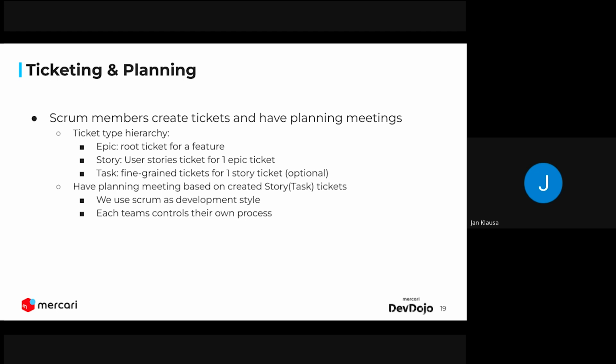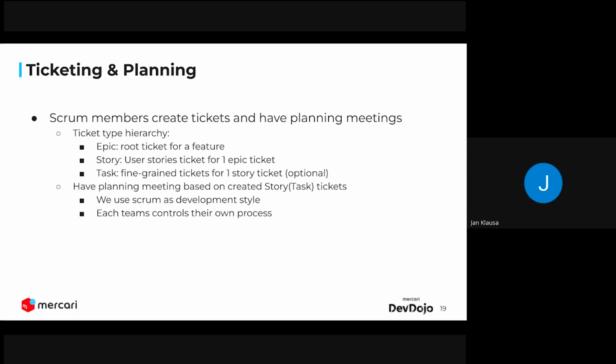Let's say we have a story ticket that says users can like an item on item detail, but from the engineering point of view, in this story we have a UI, we have an API to call, and we have error handling. So in this case, maybe we have task tickets like creating UI and calling API, something like that.